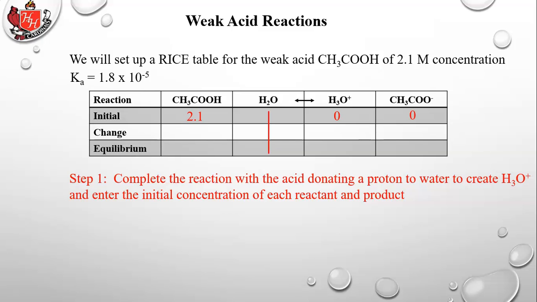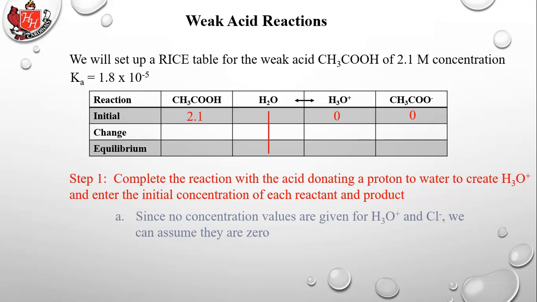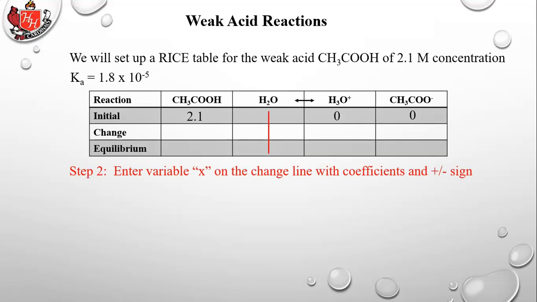Now we are going to need to do the algebra here, because not all of that 2.1 is going to go away and turn into 2.1 of hydronium and acetate over on the right. So we're going to subtract some number x. Since no concentration values of H3O+ were given, we can assume they're 0. So now we're going to enter a variable on the change line.